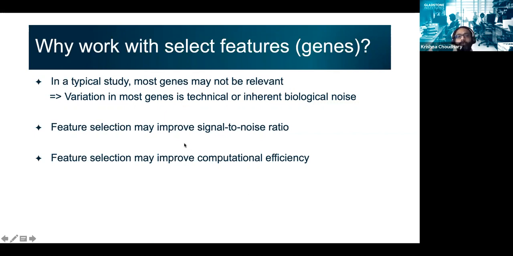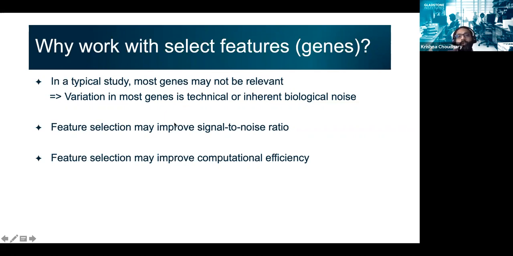So we want to narrow down our focus. If we work with all the genes that are present in our population, our data, then there may be some set of genes which are varying in a noisy way. They are varying just because of intrinsic biological noise, but not something related to the phenomena that you may be studying.